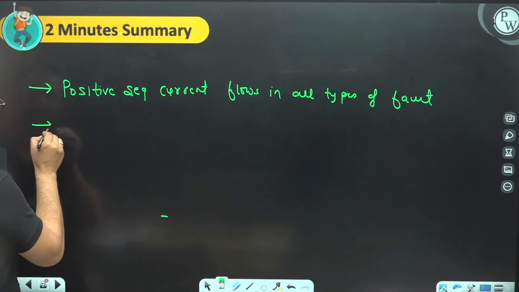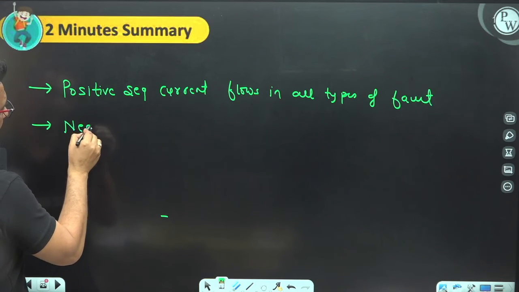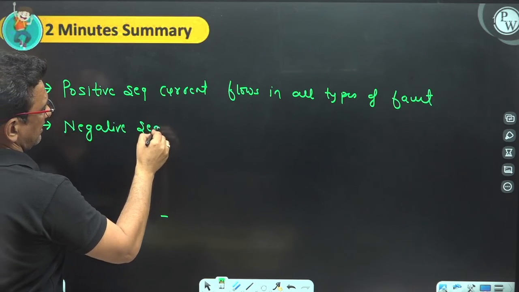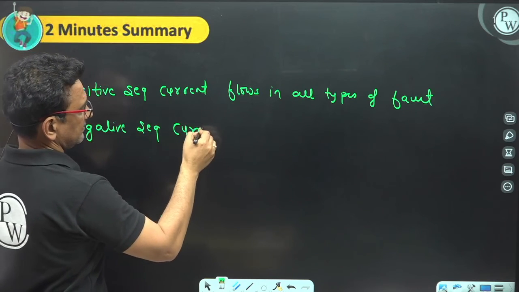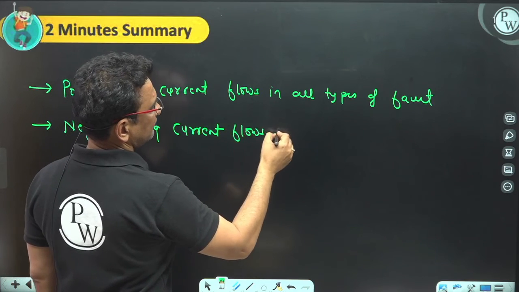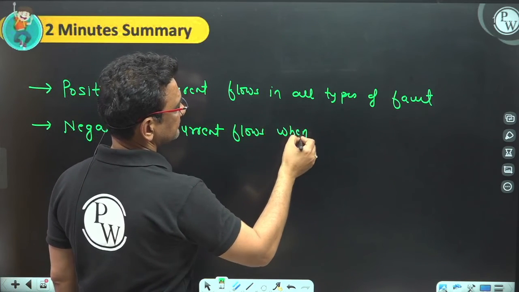But the negative sequence current flows when the fault is unsymmetrical.